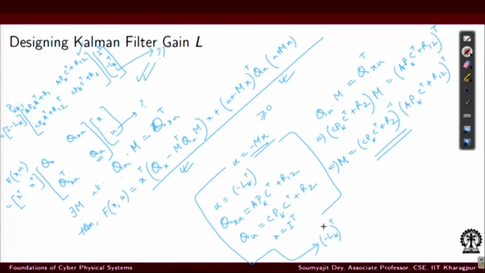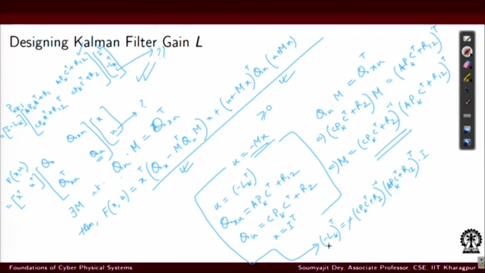L is minus L_k transpose, U is minus L_k transpose, and minus of, now push your value of M here, and your X is I or I transpose, the same thing.